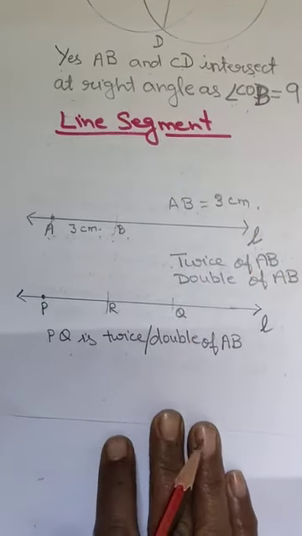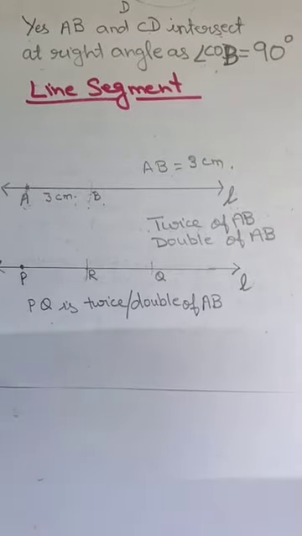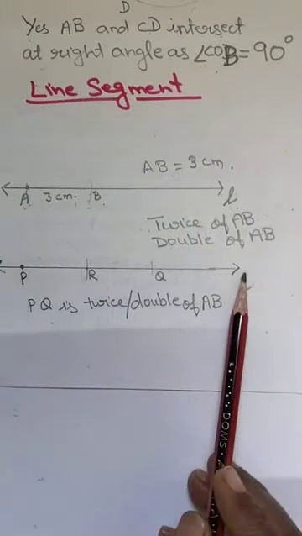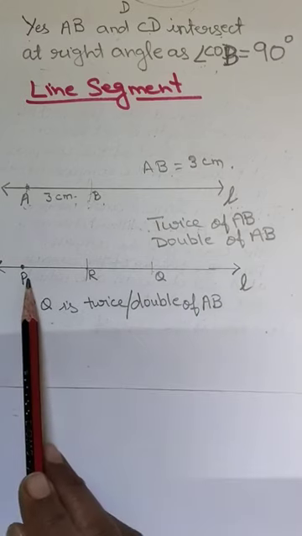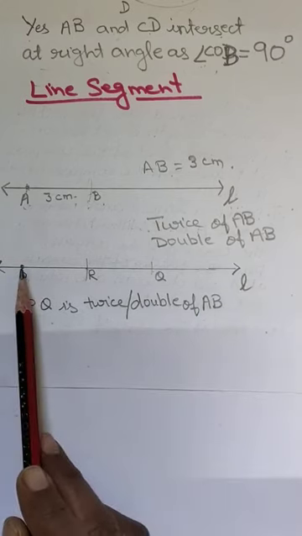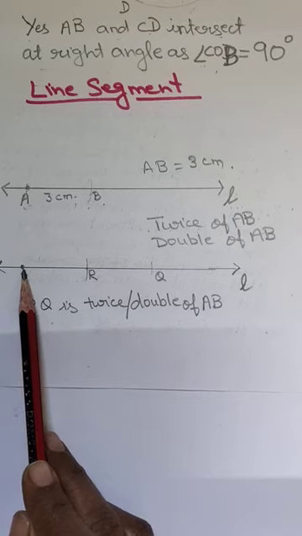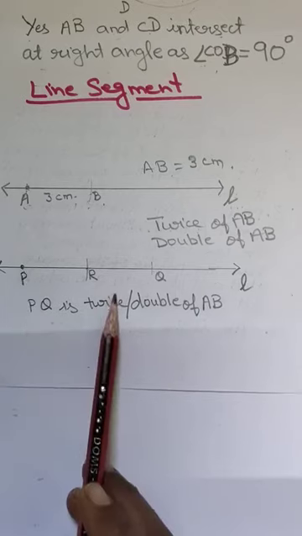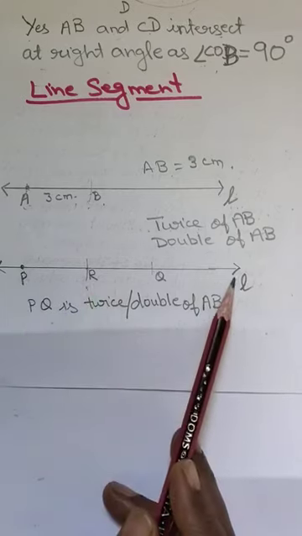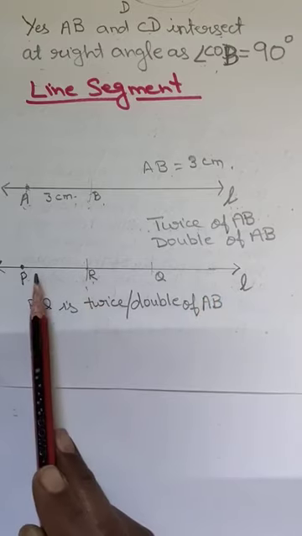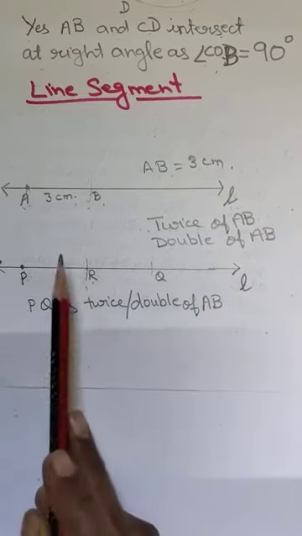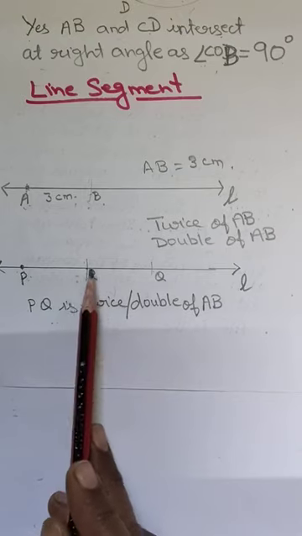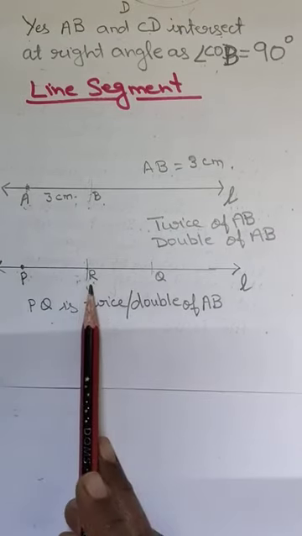When we have to make twice of AB, or we can say double of AB, how will we make it? Again draw a line L, mark a point P on it. Place your compass pointer on P and draw one arc which cuts line L at R. This is the copy of AB, because it cut at R, so it is equal to AB.